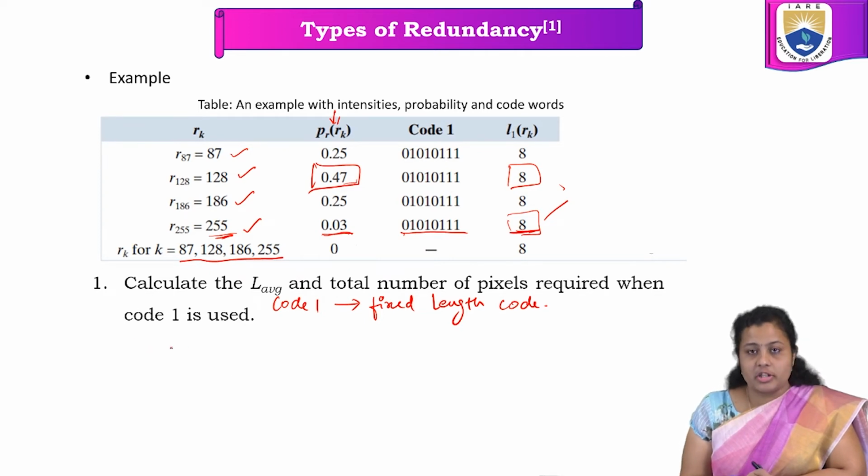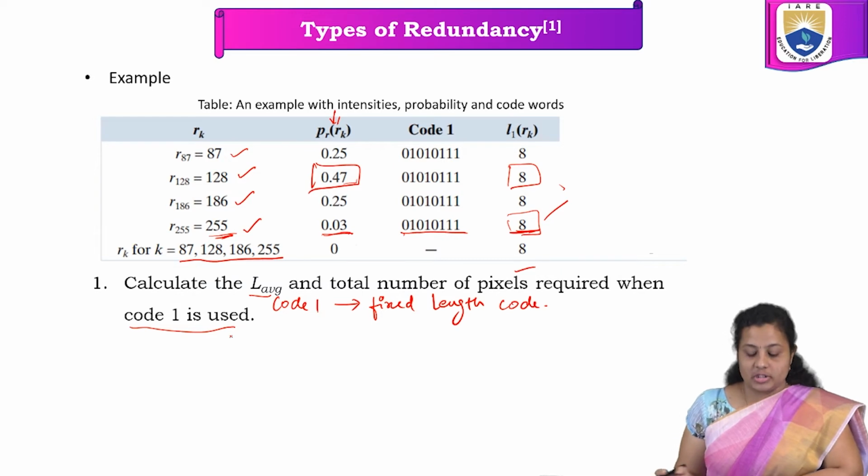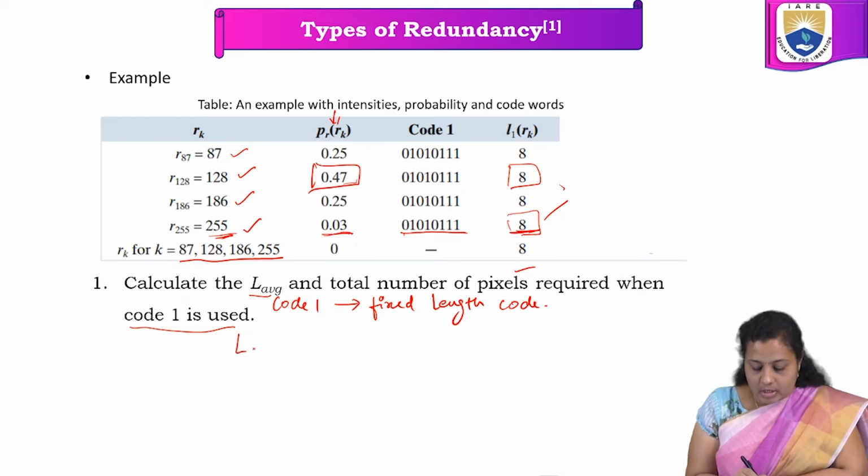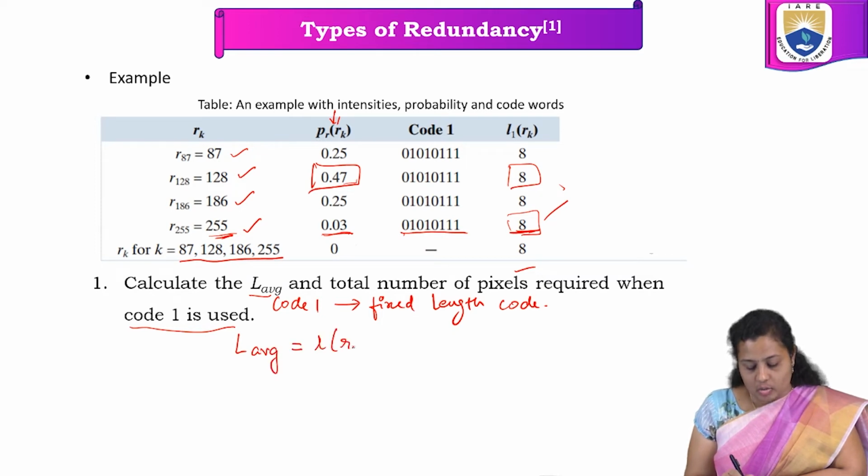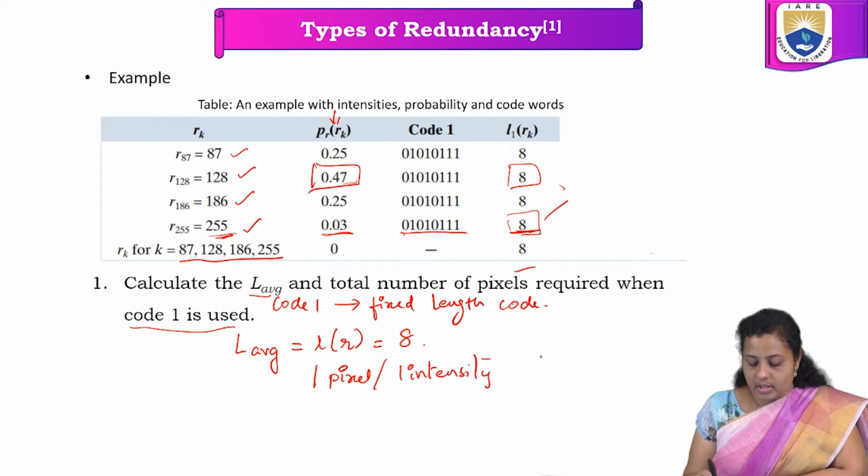Now let me first calculate the L average and the total number of bits required to represent the image when code 1 is used. What is L average here? If we are using a fixed code length, L average is equal to the length of each code. So L average here is 8. To represent 1 pixel, that means 1 intensity value, we require 8 bits.